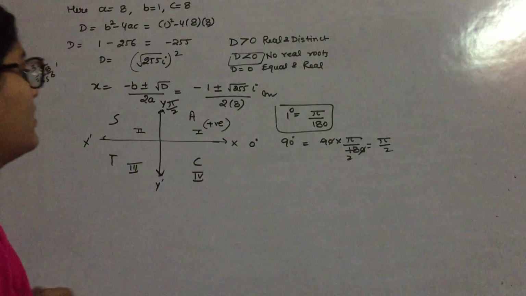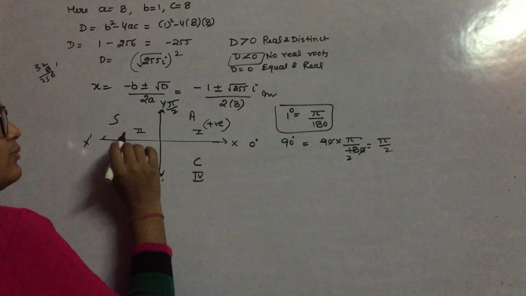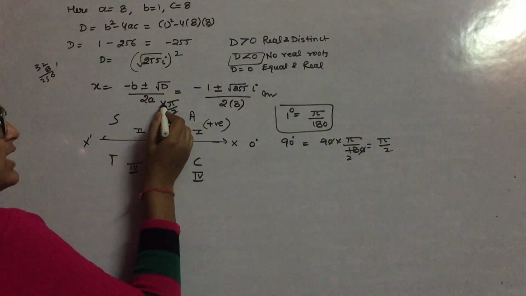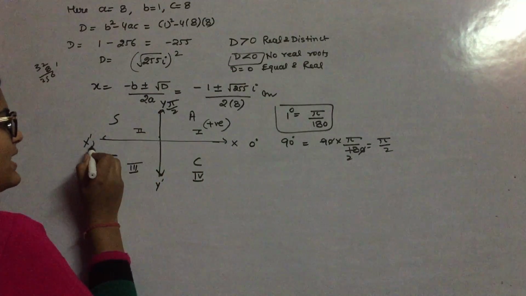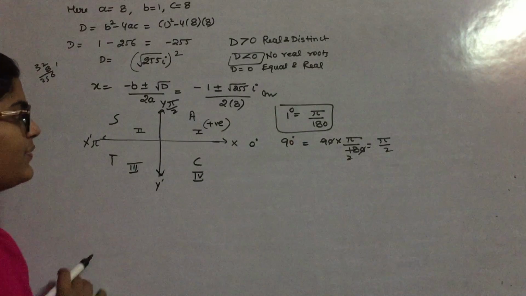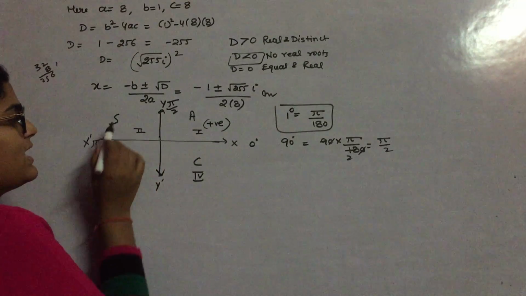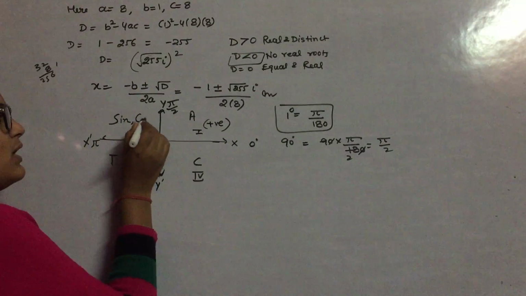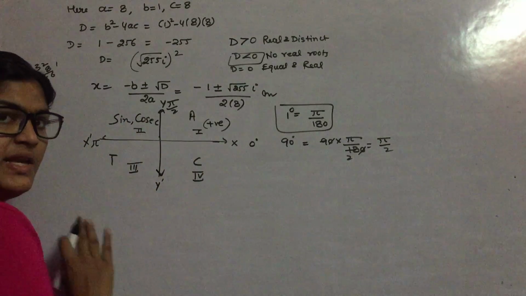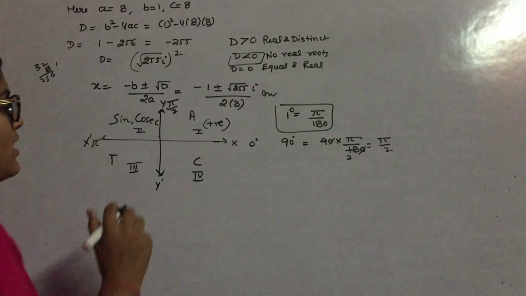Okay? It's very simple. Then move forward. Your second quadrant lies from 90 to 180. Your 180 is pi. So from pi by 2 to pi, your second quadrant has sine and its reciprocal cosec as positive. Rest all are negative.